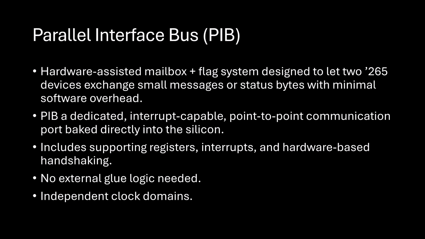Now with this, I've got a dedicated 8-bit connection between the two microcontrollers, and there's hardware support for handshaking for that communication, which uses another port. So there's going to be 2 ports needed to make this work, 2 8-bit ports. That handshaking, all of the signaling between the microcontrollers, there's a bunch of registers that support its use. There's an interrupt specific to PIB. So all of this is part of the hardware as I understand it.